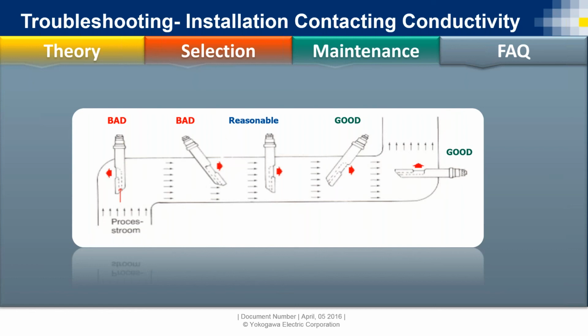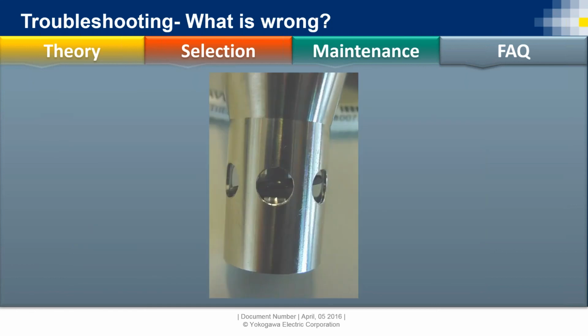So we just need to make sure that we install it where the flow is going to go through the flow fit of the sensor itself correctly as well. In this application, we recommend doing the one on the far right, going on the elbow, going upwards if you have to. That way the flow goes in the sensor and out the sensor correctly, so you get the process solution to pass by these contact measurement elements as well.